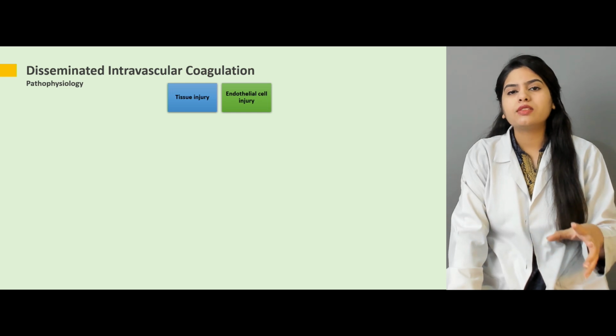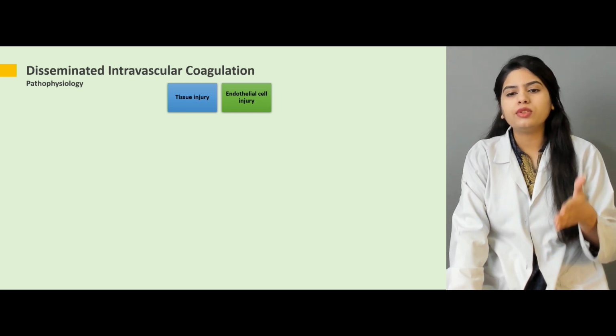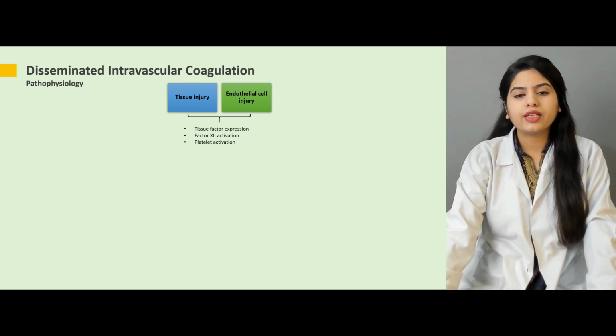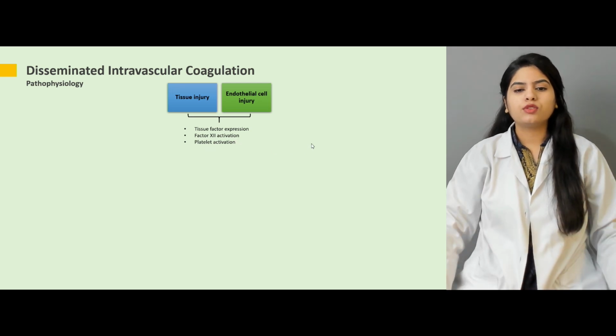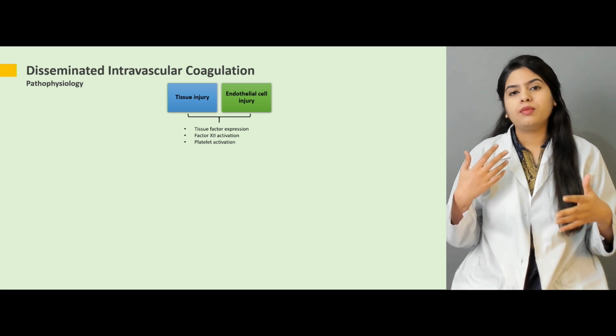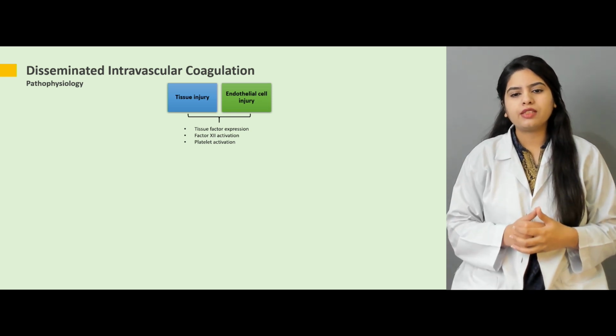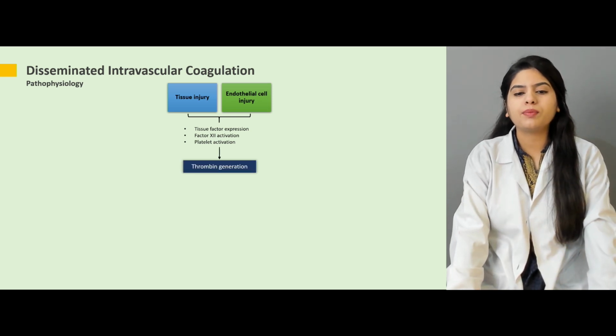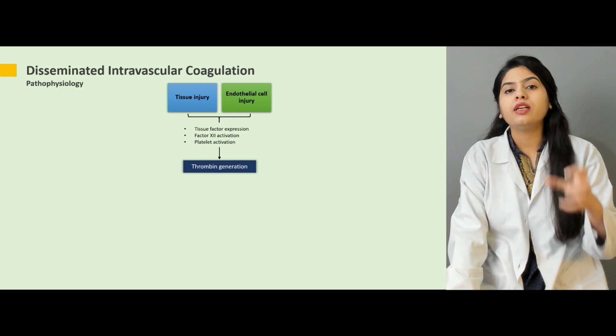So whenever there is tissue injury or endothelial cell injury, there will be tissue factor expression, factor 12 activation, and platelet activation. This is a summary: the coagulation process is being activated, platelets are being activated, and after the activation of the platelets there will be the formation of thrombin.